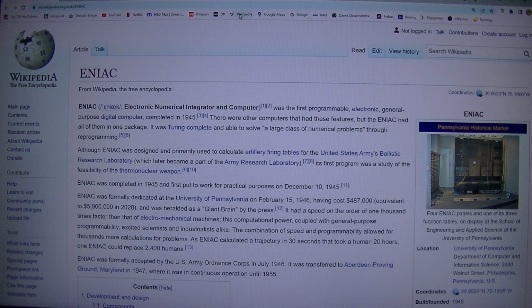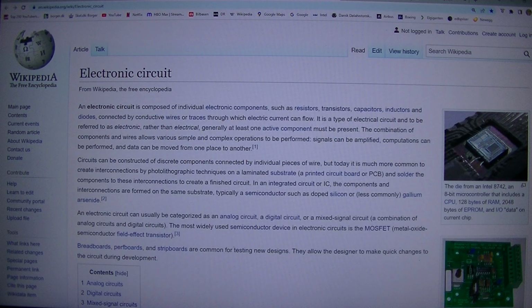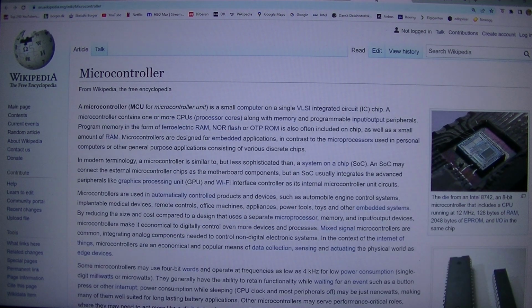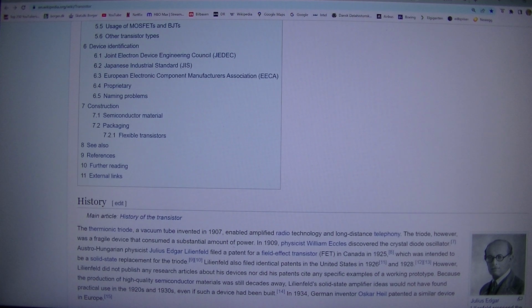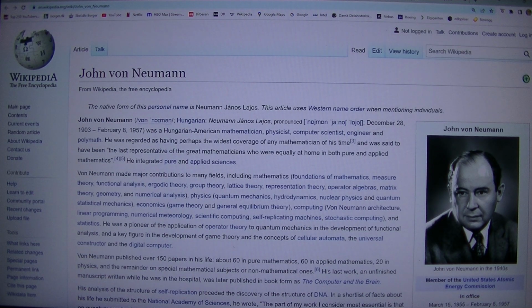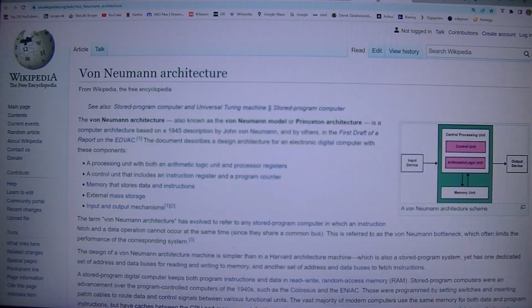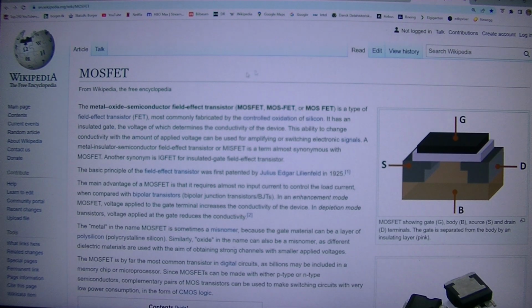This John von Neumann, transistors, electronic circuits, I think that's one there, and microcontrollers. Vacuum tubes, transistors, maybe John von Neumann architecture, and then this MOSFET, but that could take many days to do this, and now this video will split in like 1 minute, so let's stop the video.